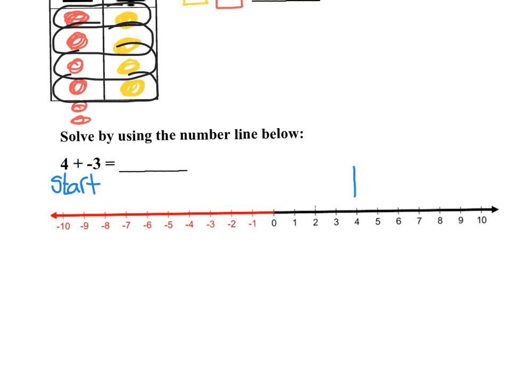Now, because my 3 is a negative, I'm going to go 3 times in the left direction. Remember, this number is distance and direction. So we're going to go over 1, 2, 3. And where we stop is a +1. So our answer will be a +1.